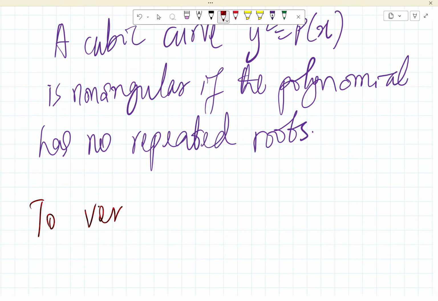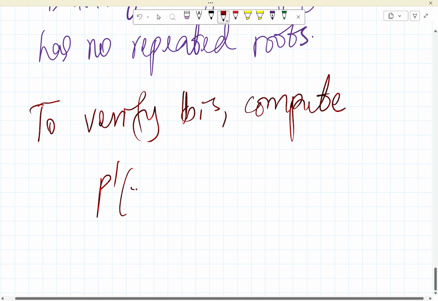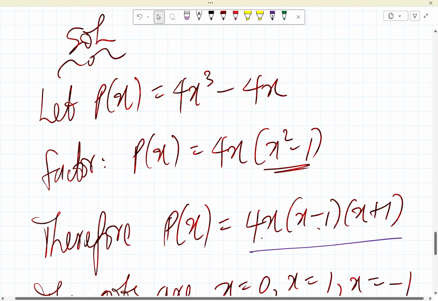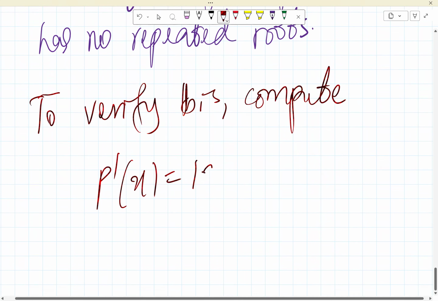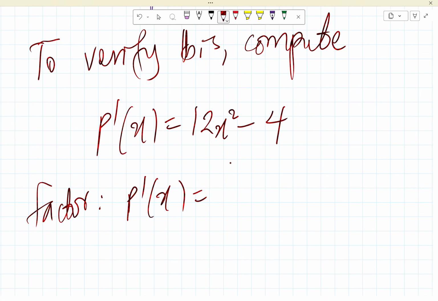we can compute P prime of x. Of course, P of x is 4x cubed minus 4x. So P prime of x is simply 12x squared minus 4. So we see that P prime of x is equal to 4 into 3x squared minus 1.